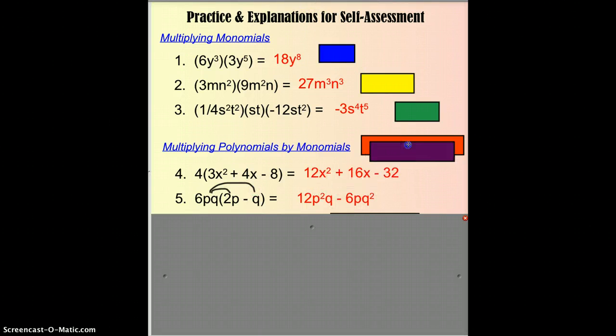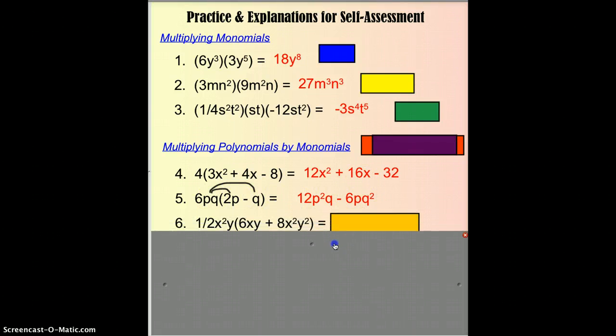You should have gotten 12p squared q minus 6p q squared. Well, 6 times 2 is 12, p times p is p squared, and then we have times q. A positive times a negative gives us a negative. I have 6p and then q times q giving me q squared.